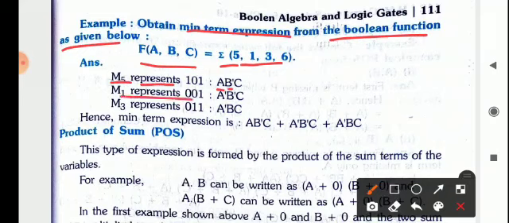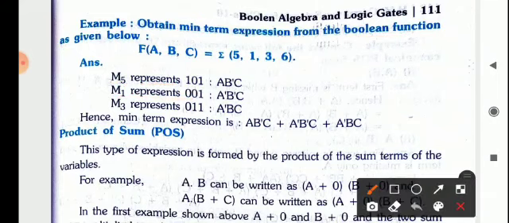Same way you can see A complement is there, so it is denoted as 0, and then B complement is there, again it is denoted as 0, and C is there, with no complement, so it is denoted as 1. That means the complement you have to represent as 0, and non-complement you have to represent as 1.